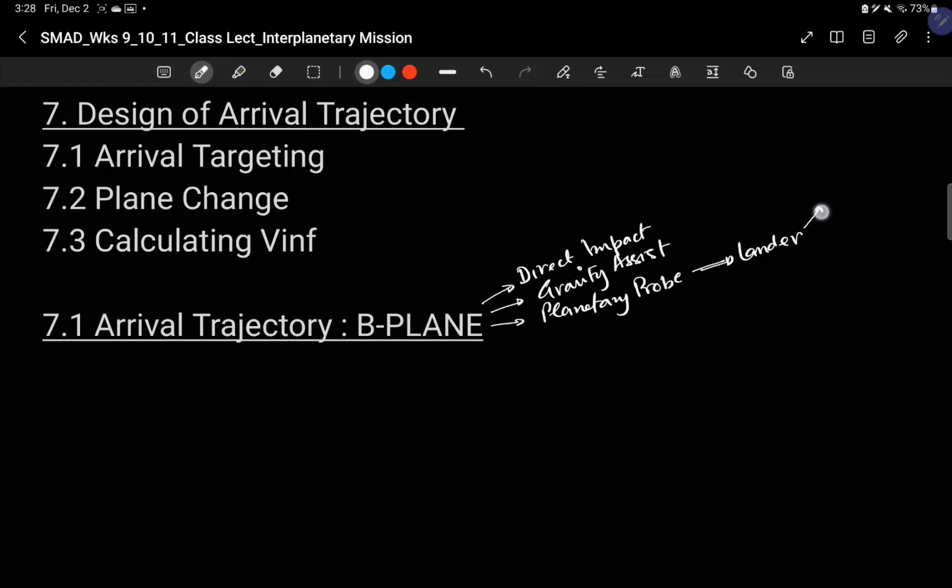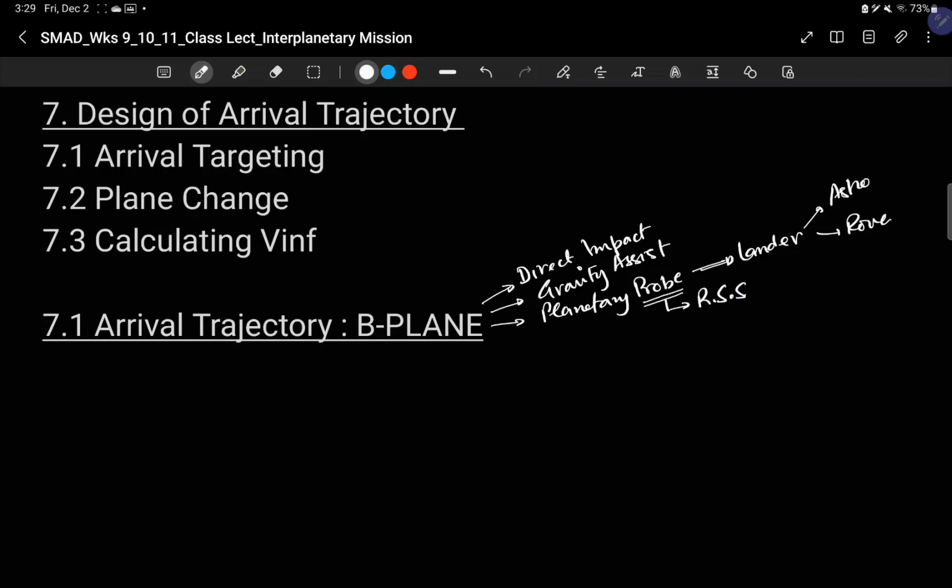So with this lander you can take the astronauts there, or you can take the rovers, and so on. But the primary thing is that you have to bring the probe in. This probe is actually a remote sensing system. So it's a remote sensing satellite which is now orbiting inside the orbit of that particular target planet, and so it's staying there.